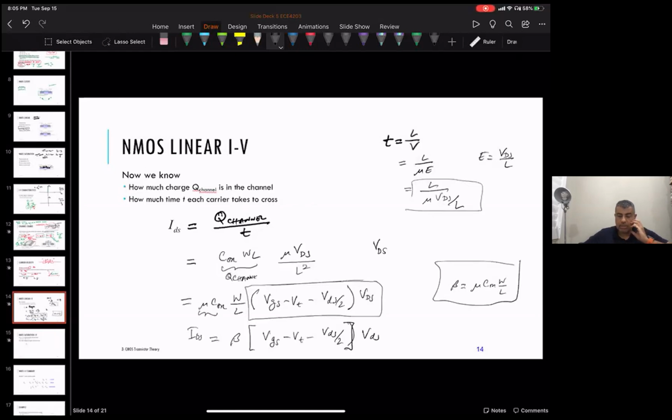Okay, so that's the equation when you're in the linear mode of current versus voltage.